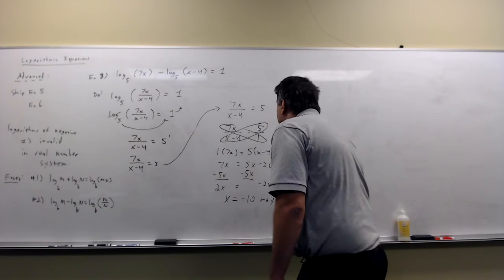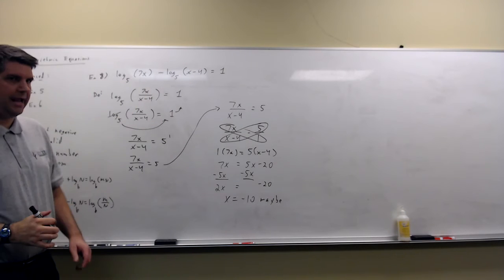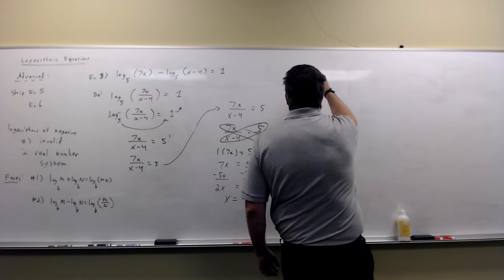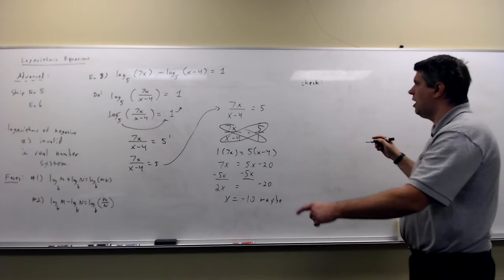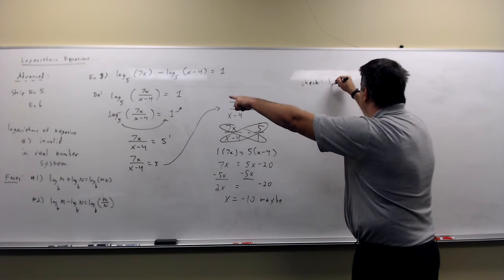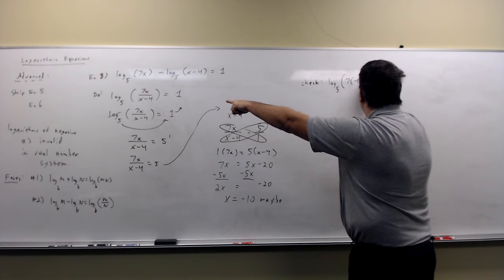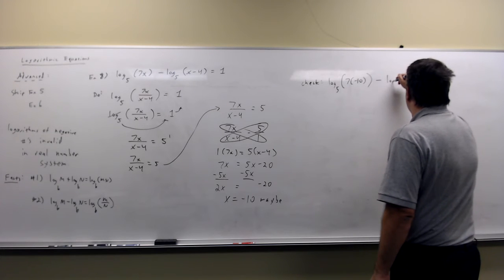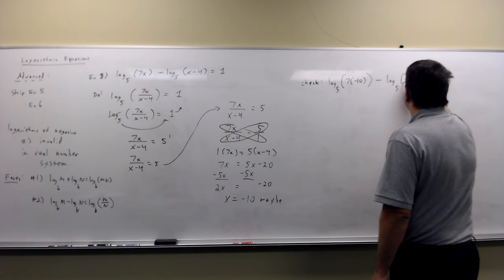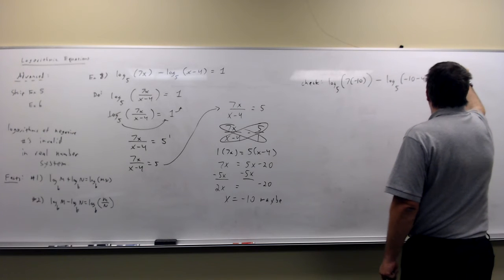Because remember, we had logarithm, number. Okay, so now I need to check. I want to know if log base 5 of 7 times negative 10 minus log base 5 of negative 10 minus 4 really does equal 1.